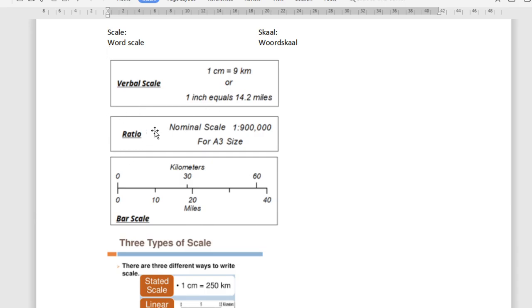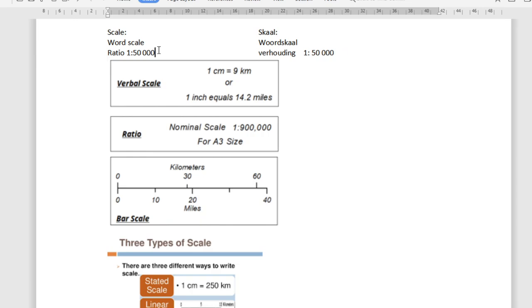The other one is a ratio scale. So dis 'n verhoudingsskaal. And you should remember it's from maths, but a ratio looks something like this: 1 to something. Okay, so the ones we're going to work with, I said, is 1 to 50,000.